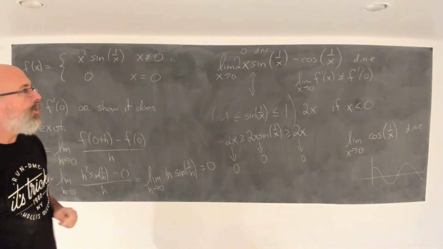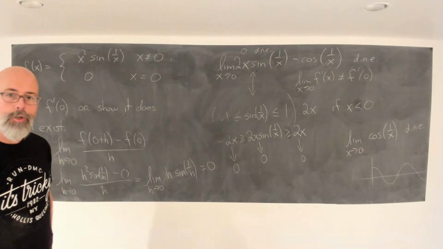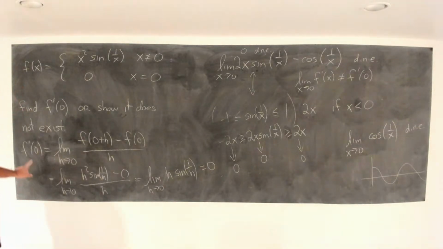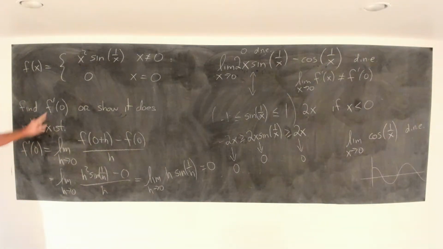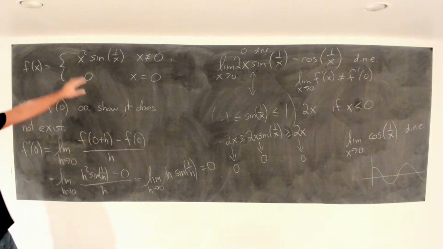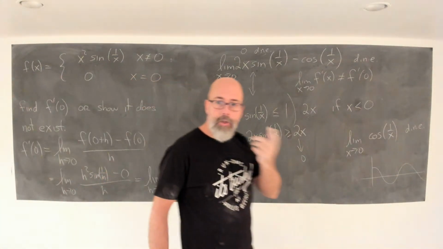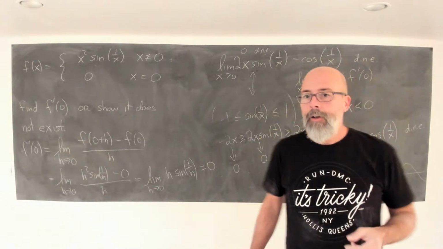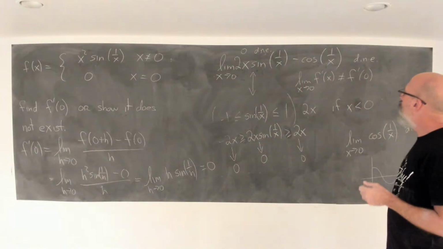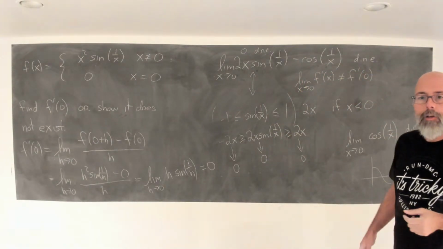The derivative is not continuous. That's all that shows. You have to use the limit definition in order to find the derivative here. You cannot find the derivative and then take a limit, because the derivative is not continuous.